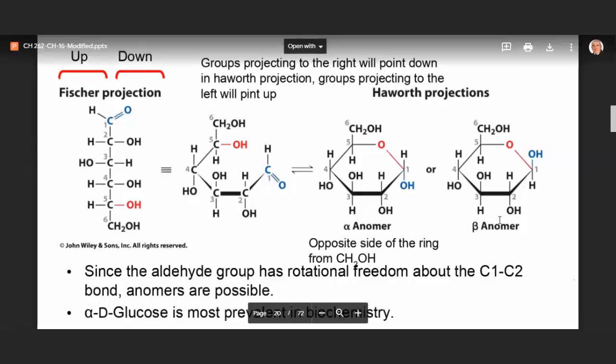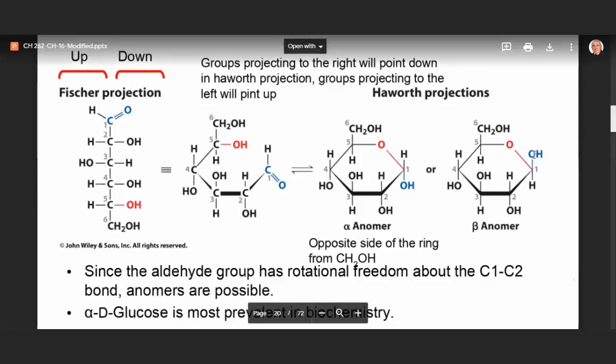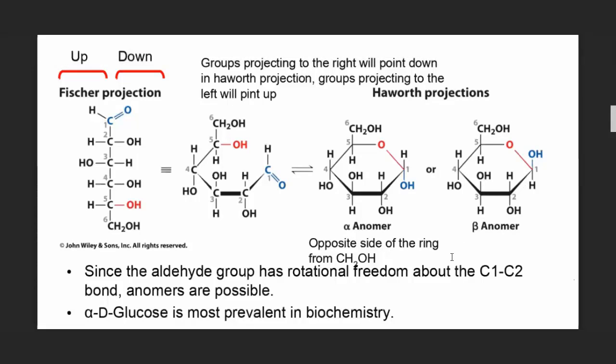Notice the alpha anomer and the beta anomer. Notice OH and CH2OH here, they are in trans relation. So this is alpha. When OH and CH2OH on carbon 6 are in cis position, this produces the beta anomer. Then we have alpha, we have beta.